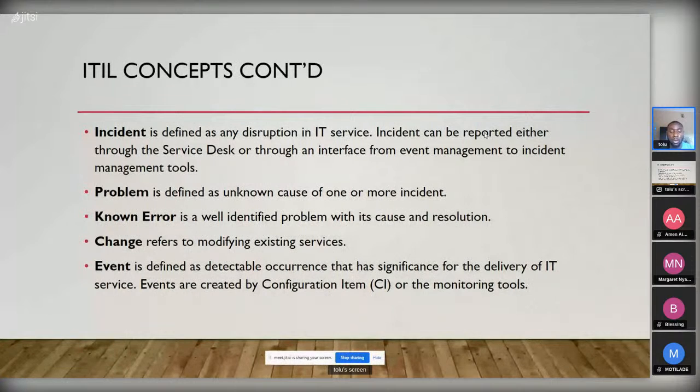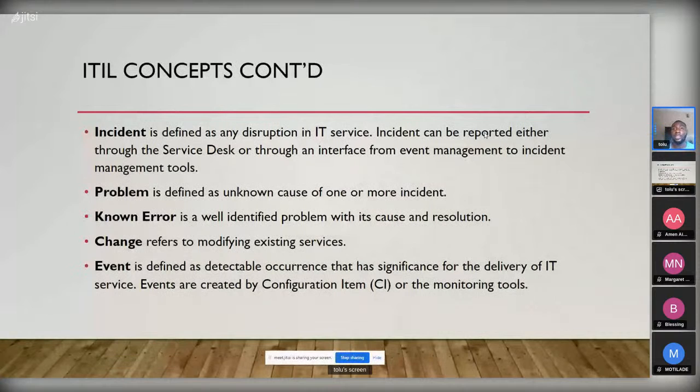A known error is a well-defined problem with its causes and resolution. Changes refer to modifying existing services. And an event is defined as a detectable occurrence that has significance for the delivery of IT service. Events are created by a configuration item or the monitoring tool.